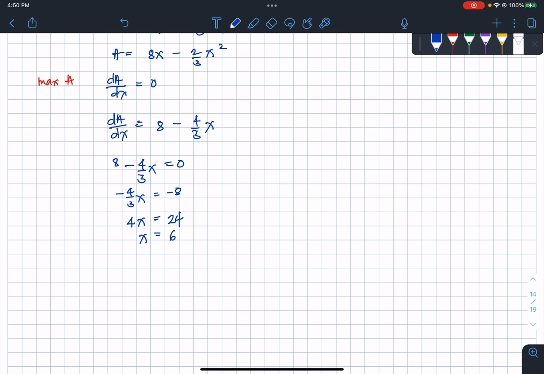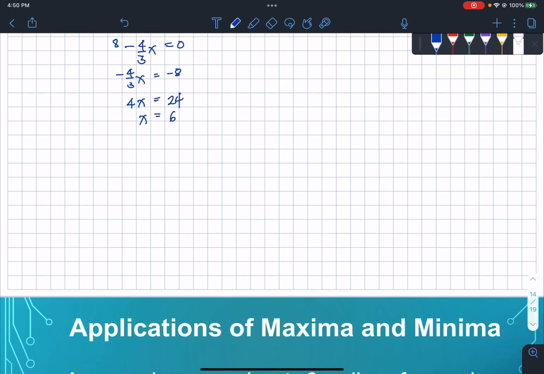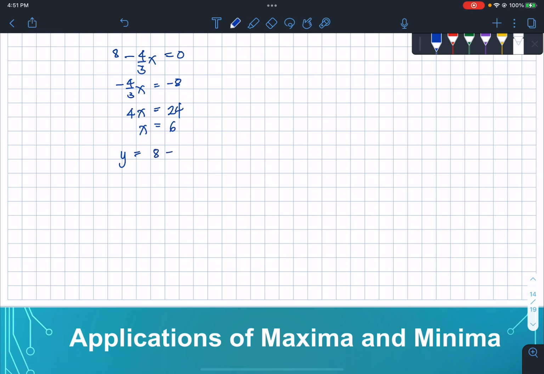So when x is equal to 6, we substitute x to get the value of y, which is 8 minus 2/3 of x. So 8 minus 2/3 of 6, so 8 minus 4, and then the height will be 4.